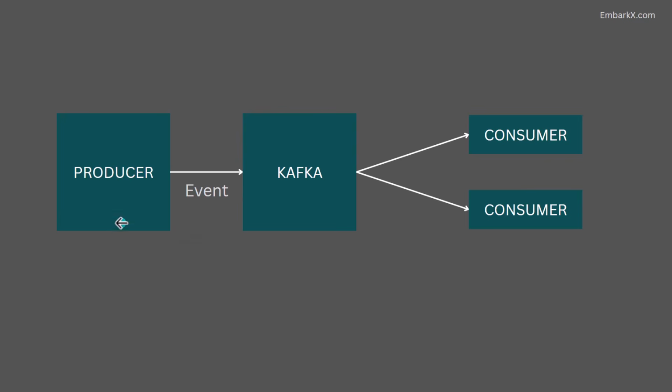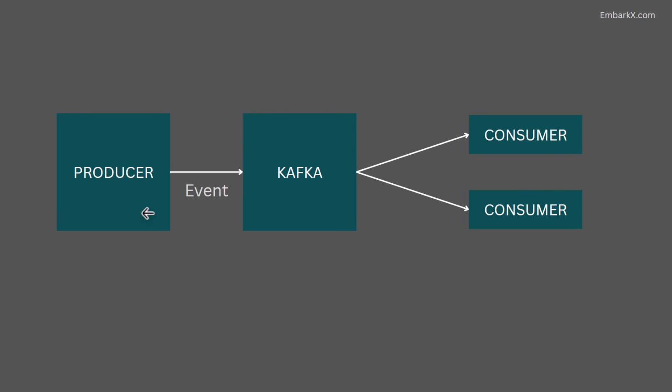For example, if you have configured order service to send data to Kafka, it's a producer. If you've configured payment service to send data to Kafka, it's a producer. One thing is there can be n number of producers. Here in the diagram, I have only one producer showcased. It's not like you have only one producer in real. You can have 10 producers sending event data to Kafka. So a producer is nothing but a sender.